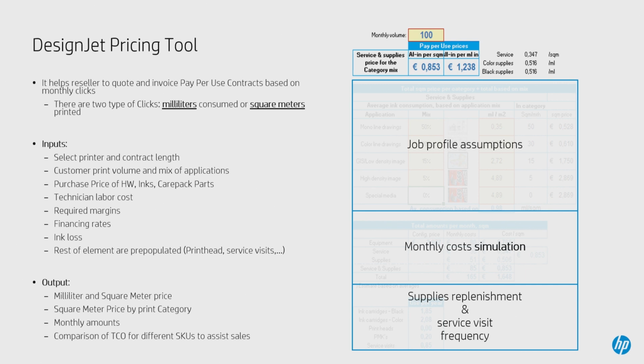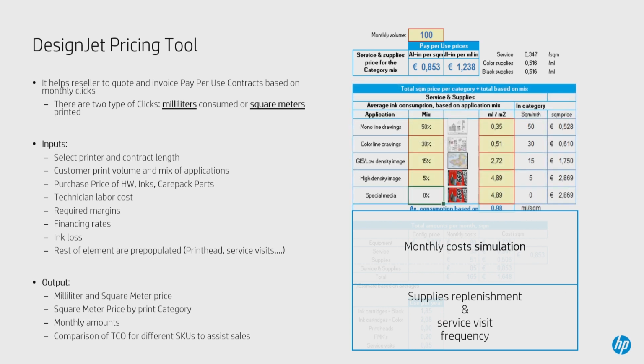All those elements are inputs that you need to put there. And as a final output, you get the click rates. Okay? It also provides additional information like the total cost of billing, not only the click rate, but how much the customer will pay every month. So when you are selling a contract, you will be able to tell the customer this is going to be the estimated printing cost for you at the end of the month.